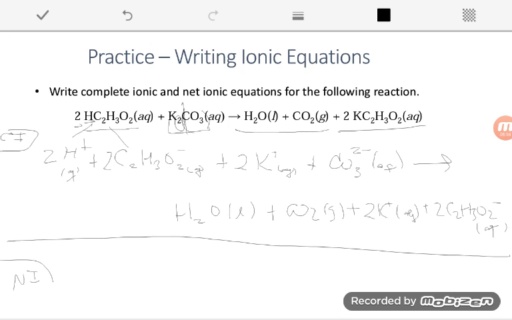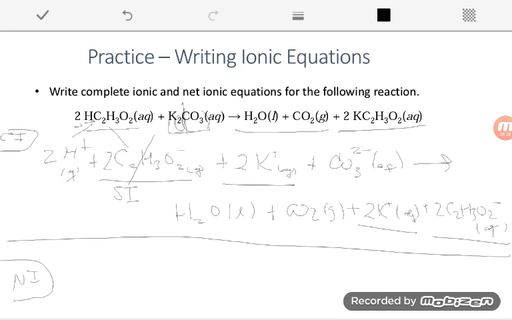To get my net ionic, I look back at my complete and I look at things that just went from left to right but did not seem to react or change at all. So in this case, my acetate ions just floated from reactant to product, and my potassium ions just floated from reactant to product. Those are my spectator ions. They just watched, they didn't do anything.